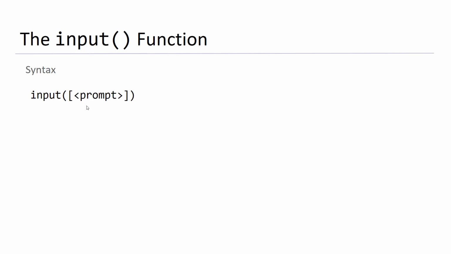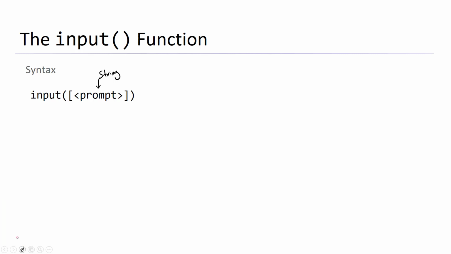The syntax of the input function is shown in this slide. The input function takes one optional parameter, and this parameter is usually a string. Most of the time you will pass a string argument to the input function, but it is optional, so you could call the input function without passing it any arguments.